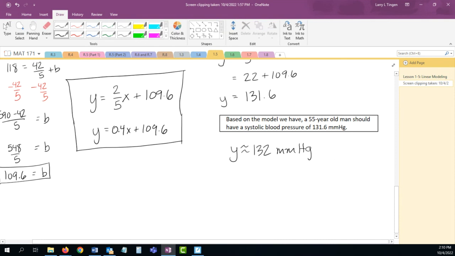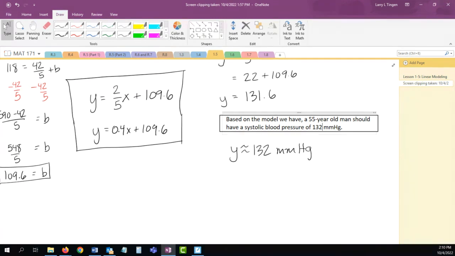So 131.6 would become 132. But I try my best not to round in the steps along the way. Like, I don't want to round 109.6 to 110 or anything like that.